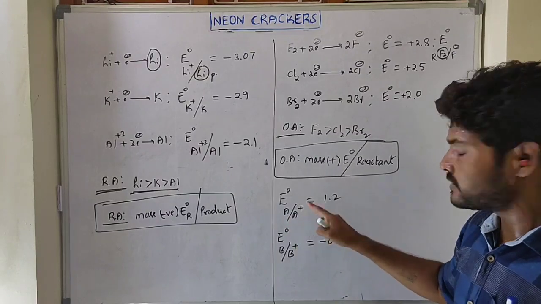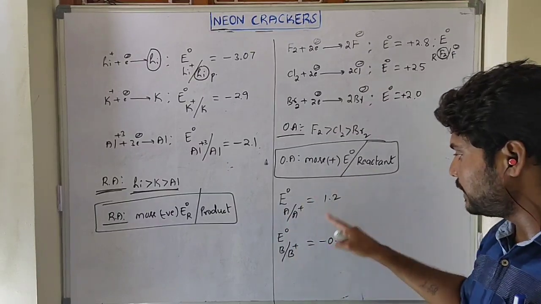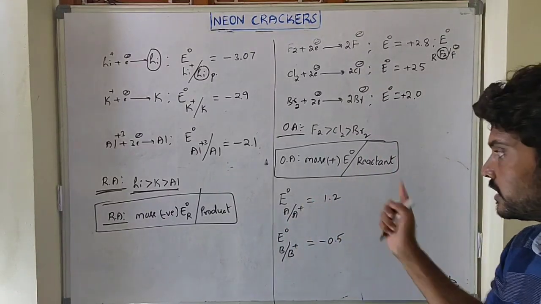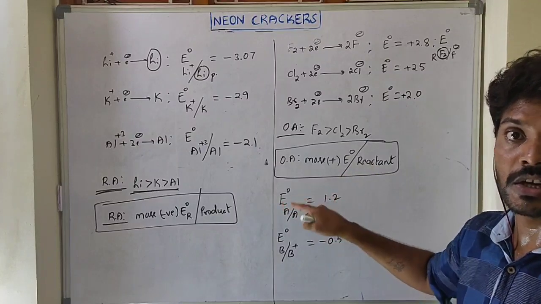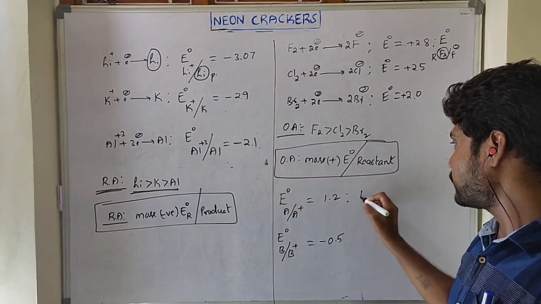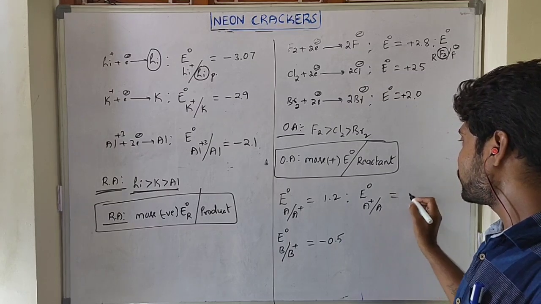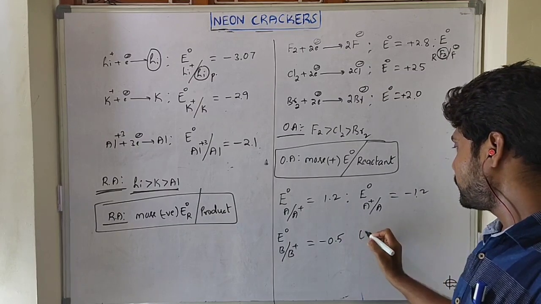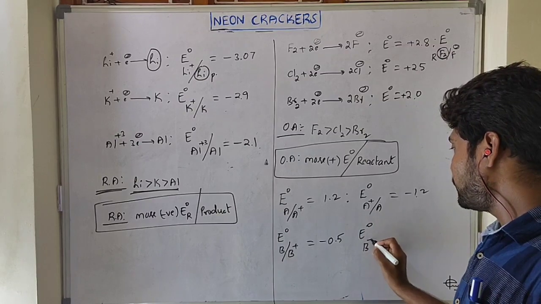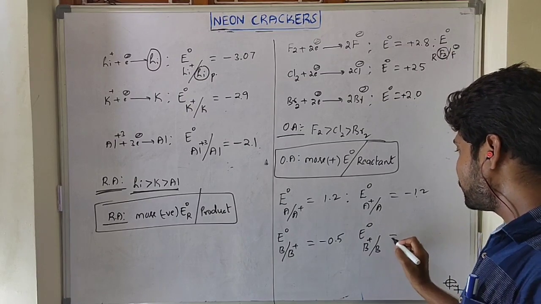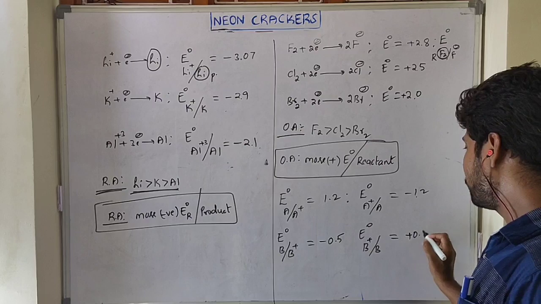A to A plus is the removal of an electron, and B to B plus is the removal of an electron. So this is not the reduction series, it is the oxidation series. You should convert it into reduction. So A plus goes to A, and the potential becomes a negative value, minus 1.2. Here B plus goes to B, and the potential becomes a positive value.